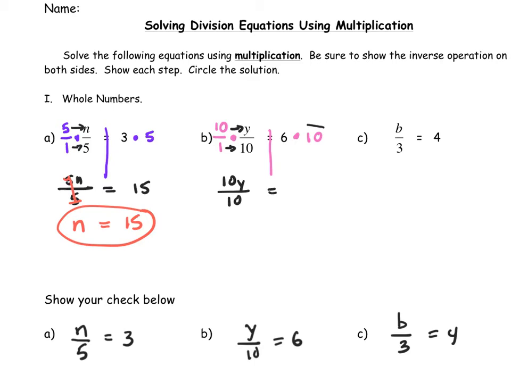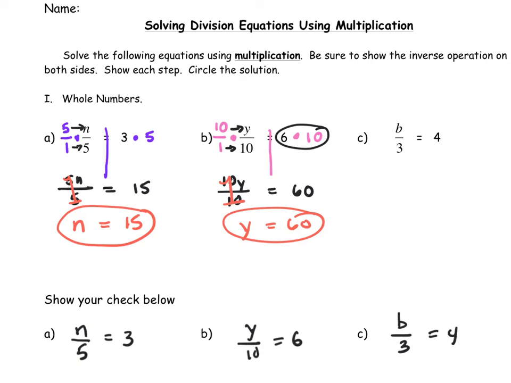And on the other side, 6 times 10 would be 60. So I have one more step, and that's to isolate the variable. And the great news, when I have any number divided by itself, 10 divided by 10 is 1. 1 times y is now just y, and my answer is 60.